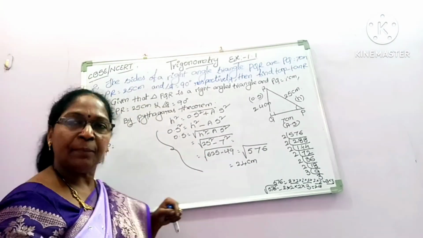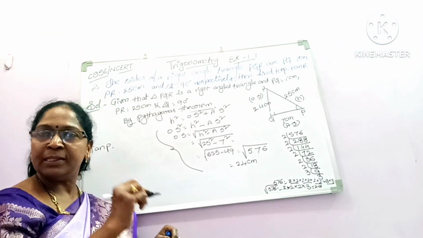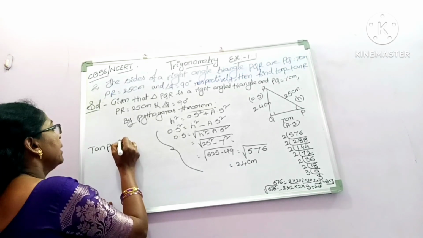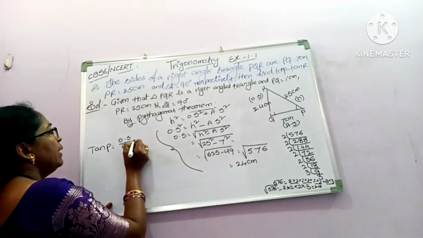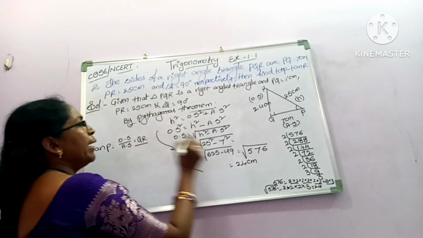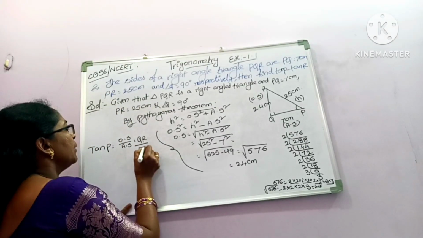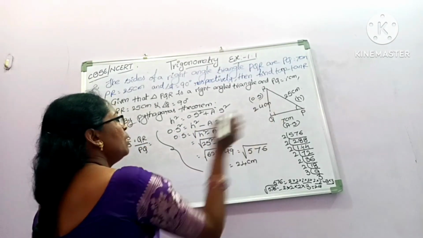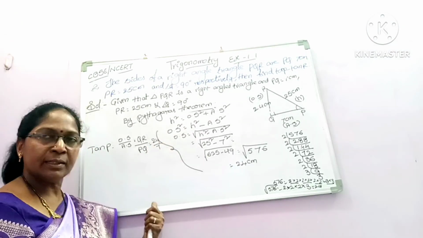Now tan P equals tan theta equals, what's the formula? Opposite side by adjacent side. Here opposite side equals QR by adjacent side equals QP or PQ. That equals what's the value? 24 by 7. This is the answer.